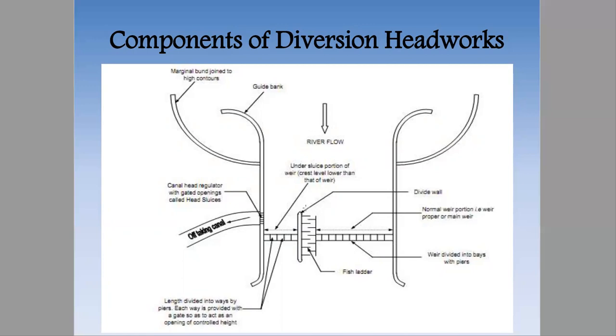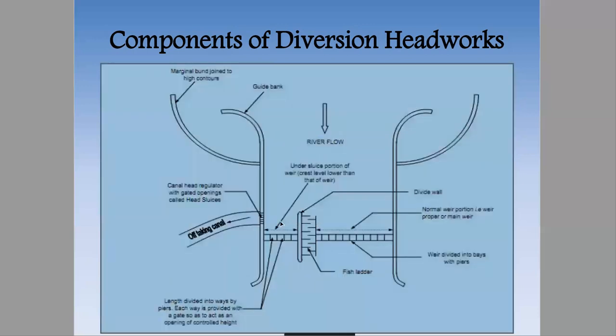Here you can see, if the divide wall were not there, what will happen? The whole level will be the same. Suppose in the dry season we require more discharge, then what will happen? There will be equal supply everywhere, starting from this to this, with the same pool level.